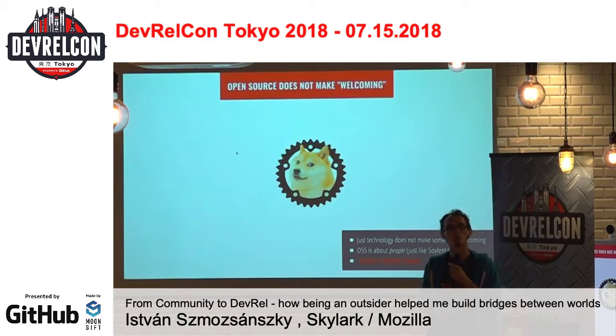This lowers the barrier of entry on the technology side, but lowering the barrier of entry is not just important for the technology side. Open source is eventually about people, just like Soylent Green. So eventually you would want to have inclusive practices on your open source projects. And open sourcing something, putting something on the internet, doesn't make it automatically welcoming.